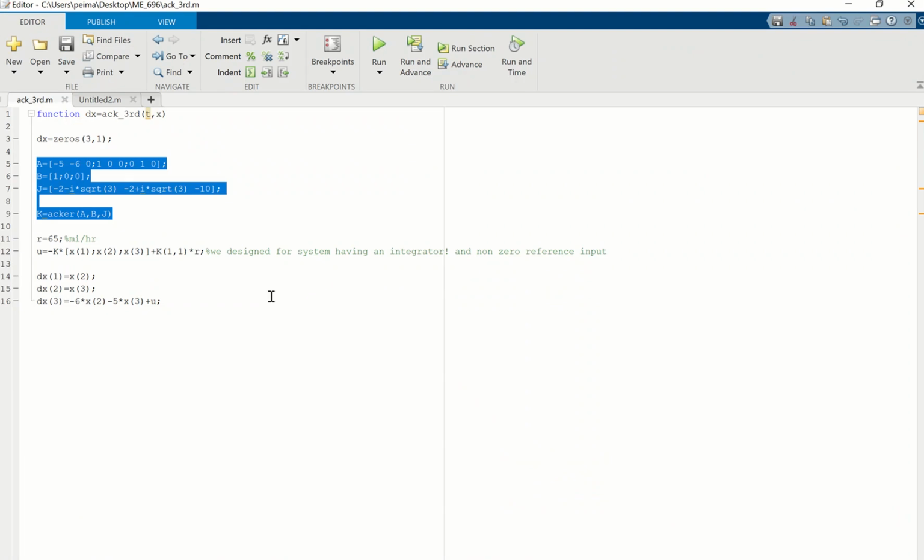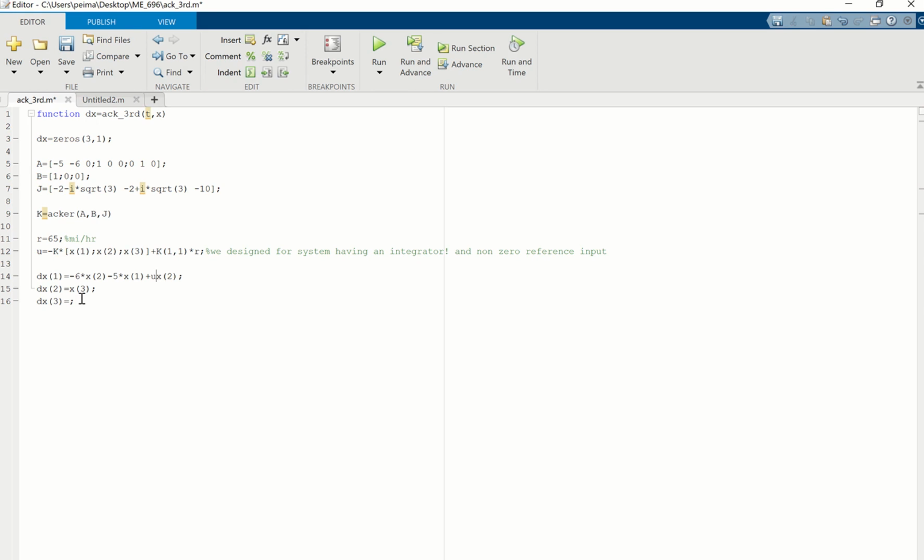So it doesn't make a change whether you do it by Matlab or by hand. Now you have to change the equations of motion based on whatever you have. Please do it at home. Oh, I have to change it. It's going to be like this. Look at here, guys. You have to change everything here.